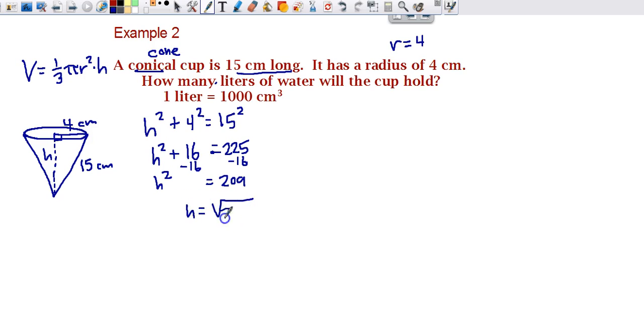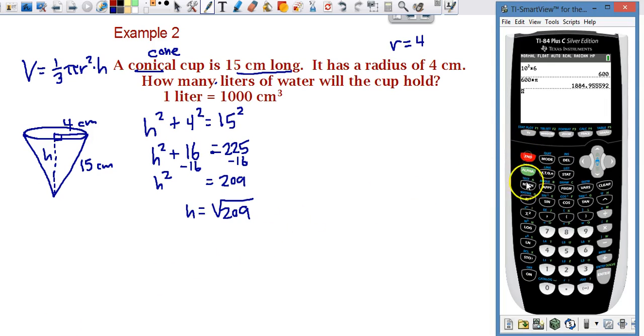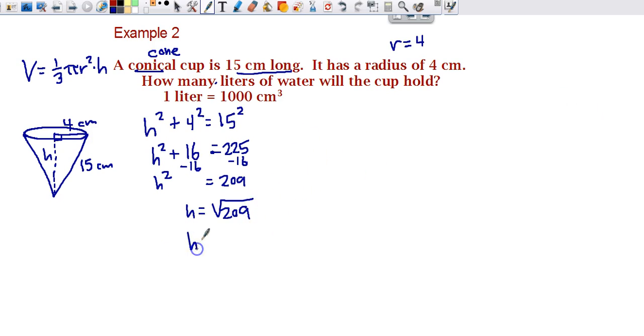So the height's the square root of 209, and that's where I'm going to definitely use my calculator there. So it's about 14.4568, so 14.46. All right, let's plug that into our formula.